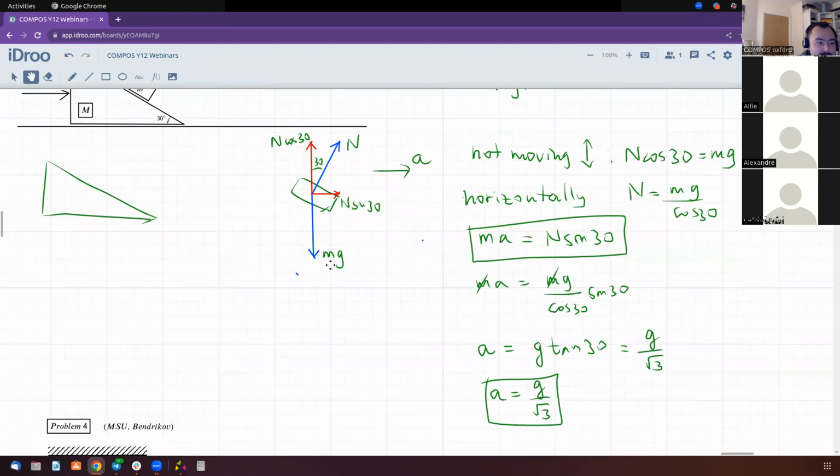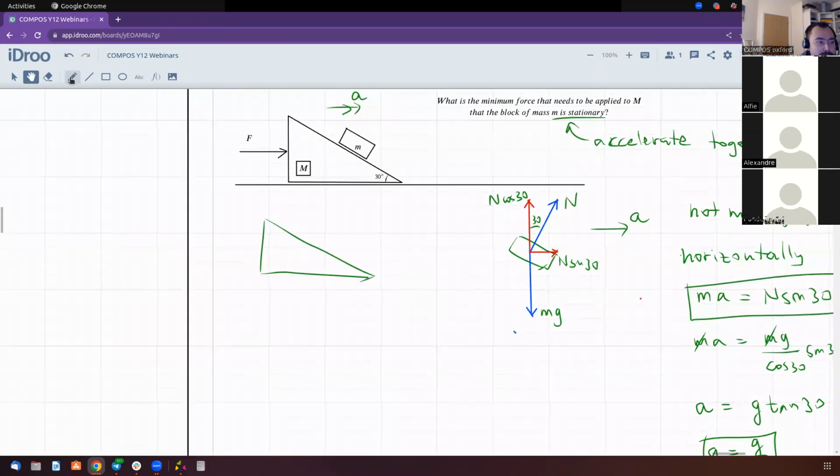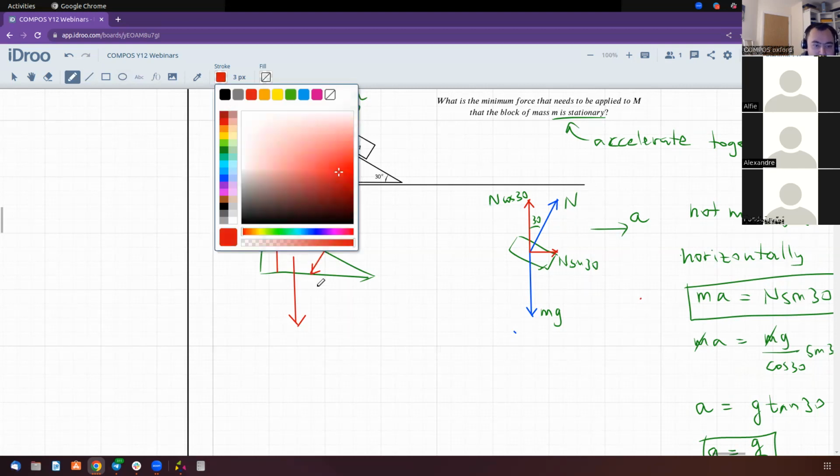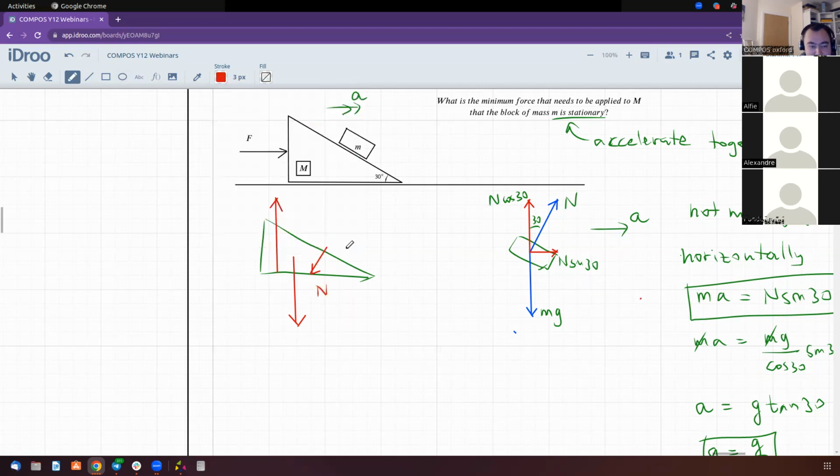Now let's look at the bottom block. So we have mg, we have N from N2, we have N pushing from the top. We have the top block pushing. We have the floor pushing up.